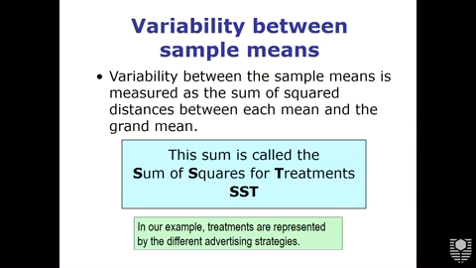Why treatments? Because we have three treatments in our example: City 1, City 2, City 3. We call it SST. There's a formula to calculate it. In our example, treatments are represented by the different cities or strategies.